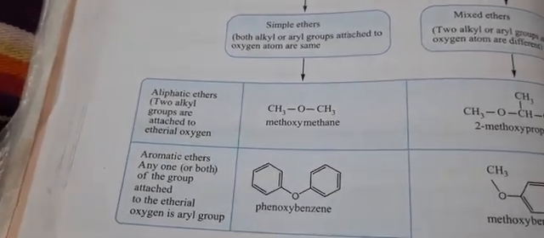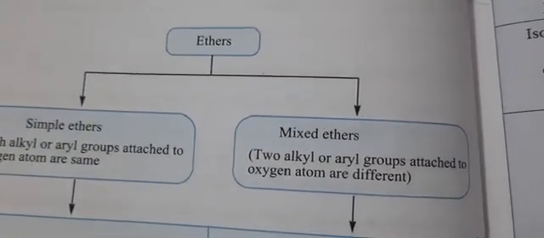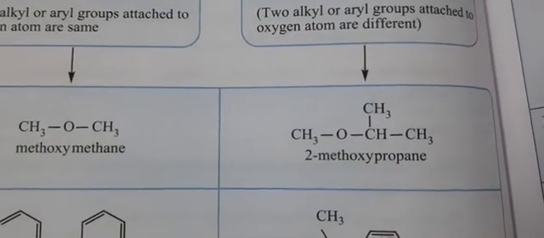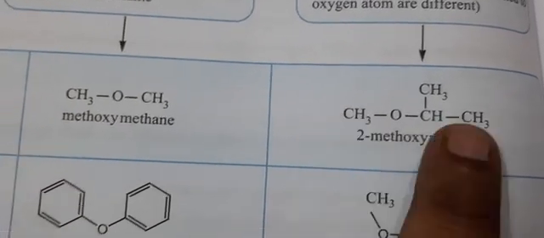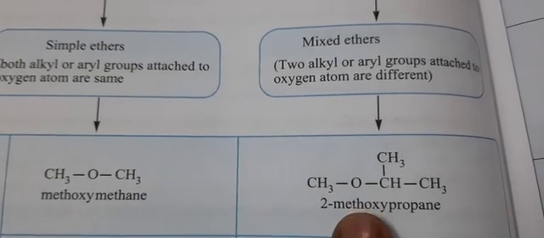With oxygen. The next one, mixed ether. If oxygen is attached with two different alkyl groups, that is called a mixed ether. See this example, 2-methoxypropane.